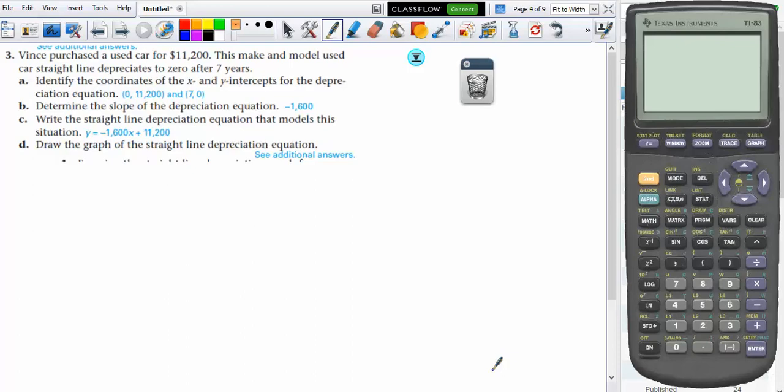All right, so first of all, you need to identify that we're looking at time, and you're looking at car value. Well, the car value depends on the amount of time that has taken place.